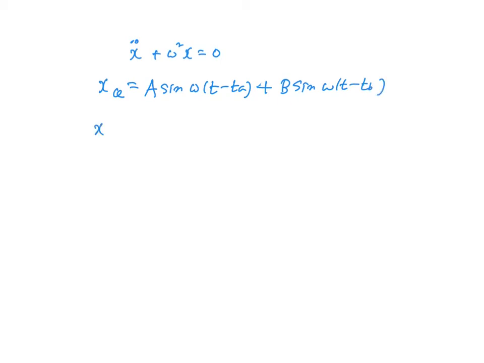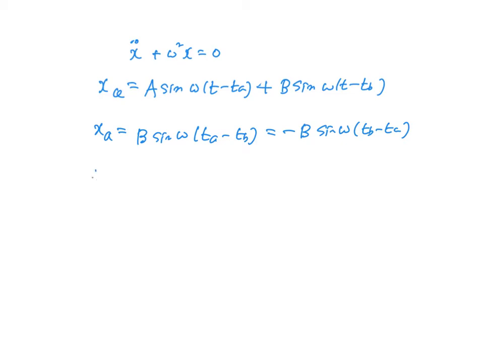Then x_a becomes b sine omega (ta minus tb), which is minus b sine omega (tb minus ta).